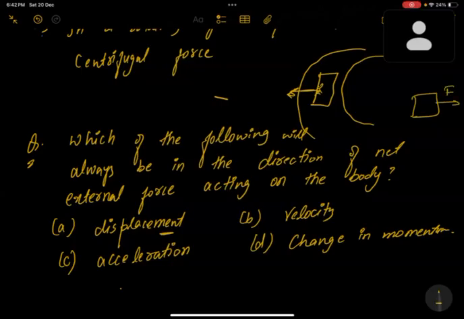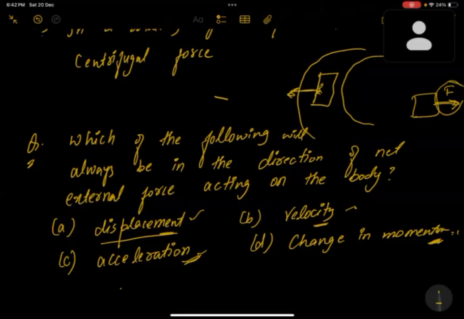So it is asking for which of the following options the direction will be the same. The direction of displacement and this net force direction will be the same, or the direction of velocity and this net force direction will be the same, or the direction of acceleration and this force will be the same, or the change in momentum and net force direction will be the same. Tell me in which case the direction of net force and direction of which of the following options will be the same.